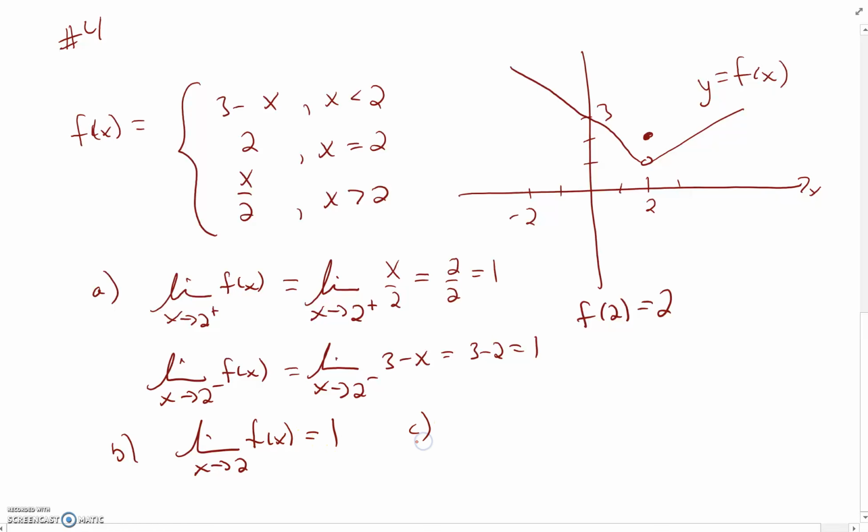Part C, find the limit as x approaches negative 1 from the left and from the right. Okay, here we go. The limit as x approaches minus 1 from the left. Minus 1 is over here.